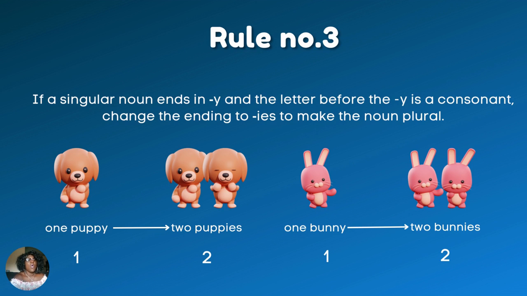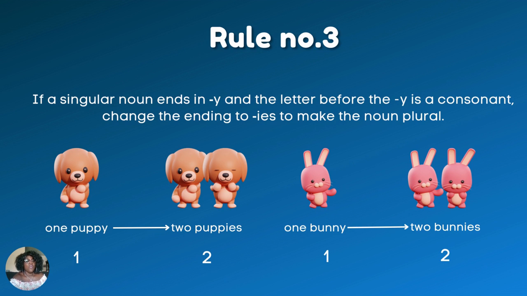Example 1, one puppy. To change it to a plural noun, we have to add IES. We take away the Y and we add IES to make it plural. One puppy, two puppies.